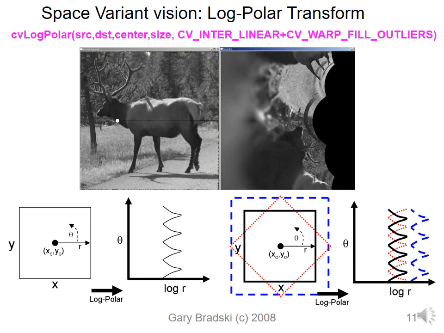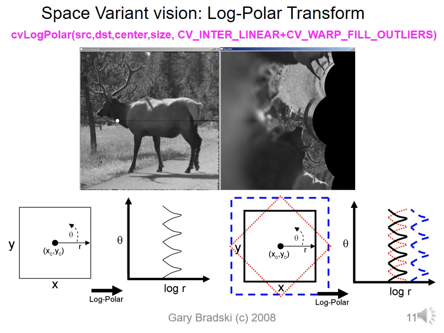OpenCV provides a log polar transformation function. The picture on the right is a result of log polar transformation of the deer picture on the left. Log polar transform converts an image of a Cartesian coordinate system into the image expressed in log r and angle measured around a specific center.